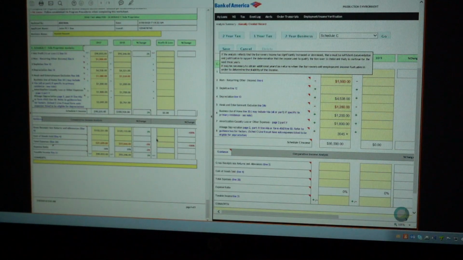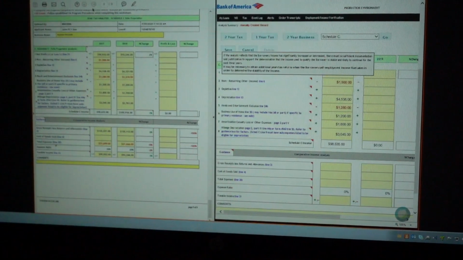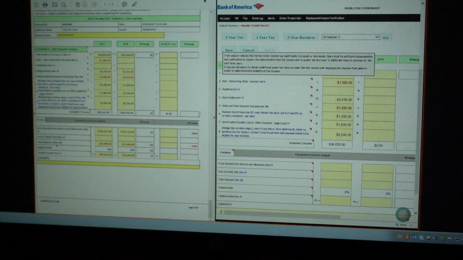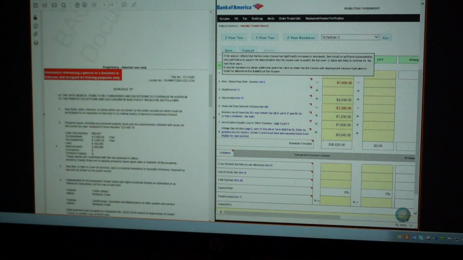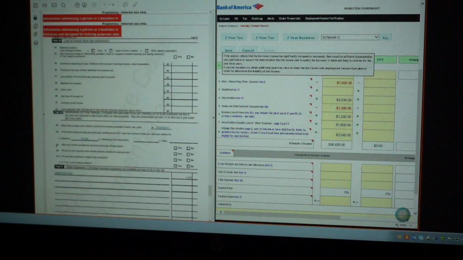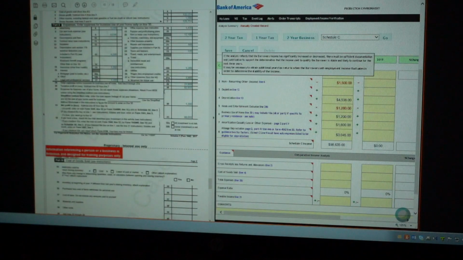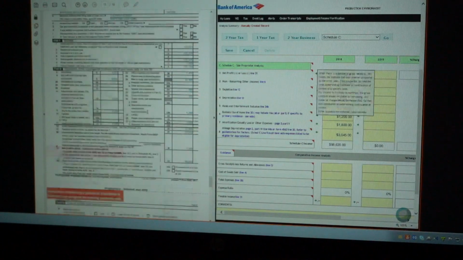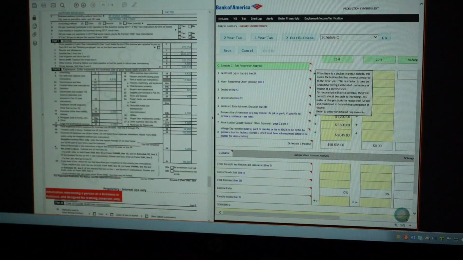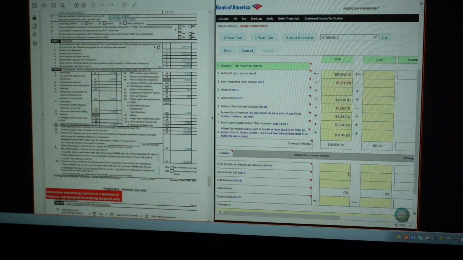Then same scenario, we'll look at the books. Then, according to the tag, it tells us to go to line number 3, which is what we have for the gross receipts.